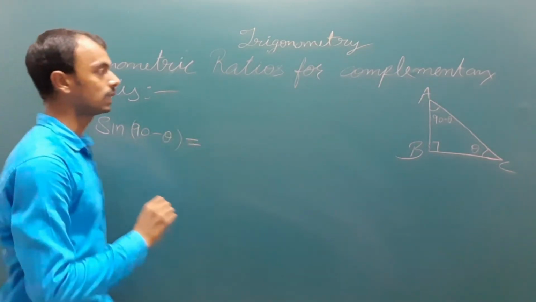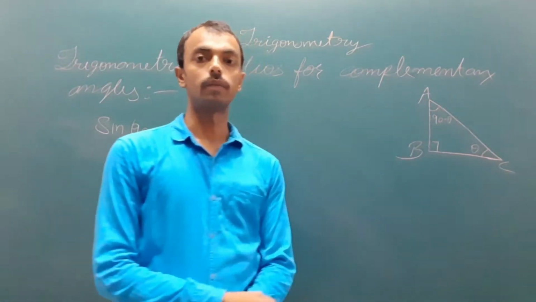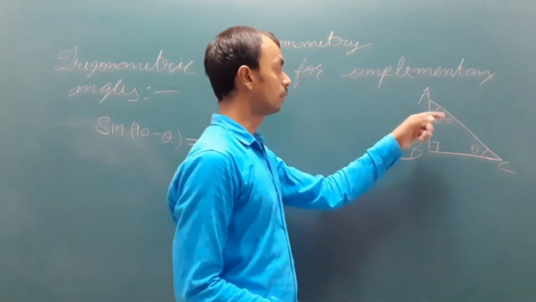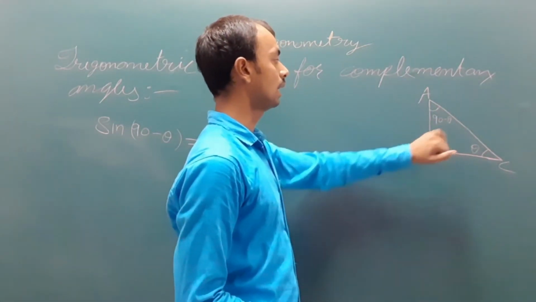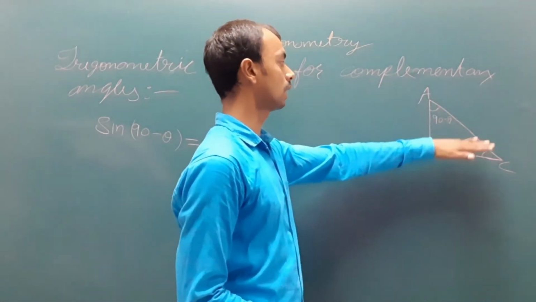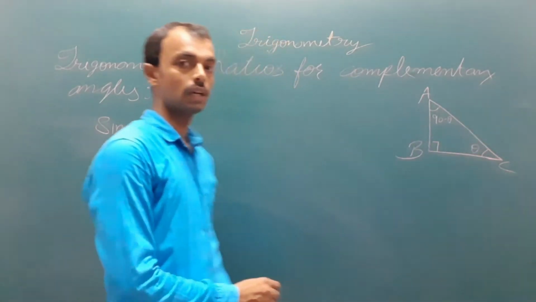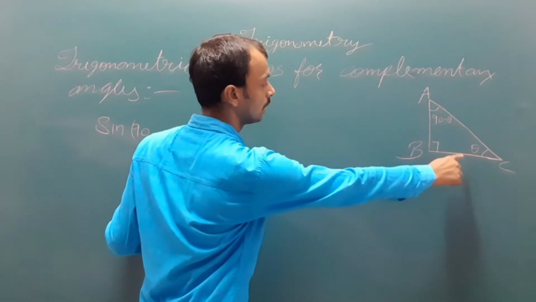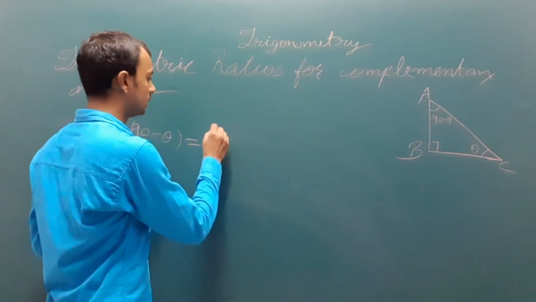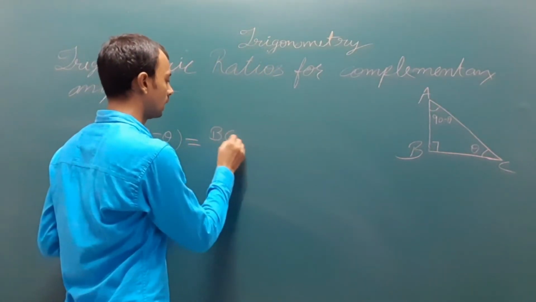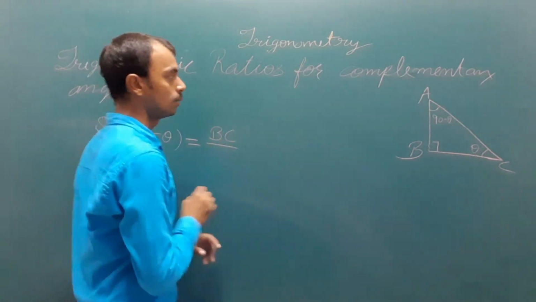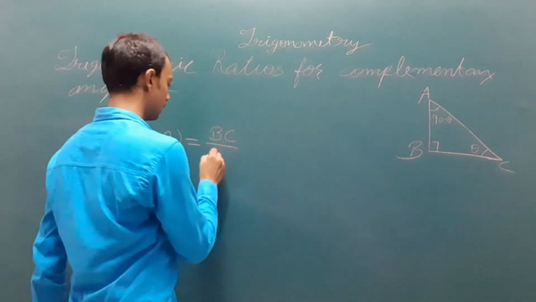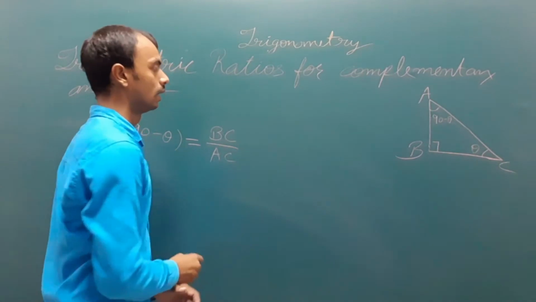What will be sine 90 minus theta over here? As I have told you, sine is opposite upon hypotenuse. The opposite side of 90 minus theta is BC, and the hypotenuse is AC. So BC upon AC.